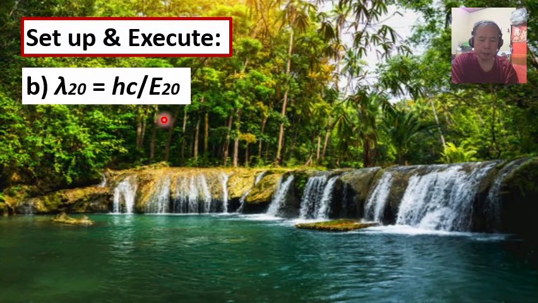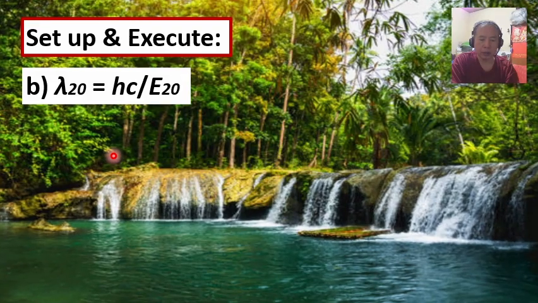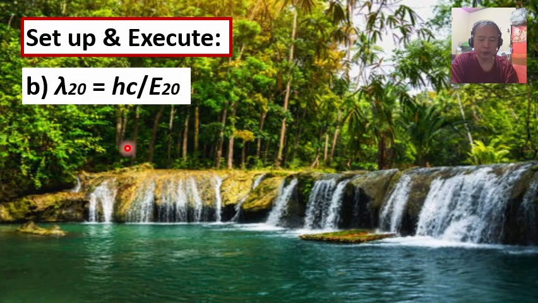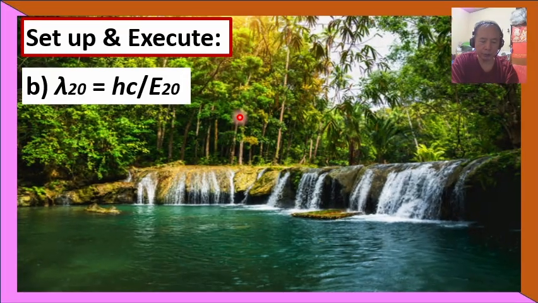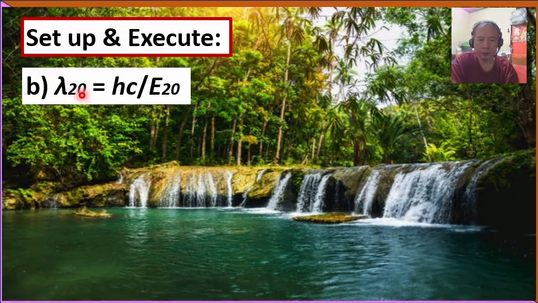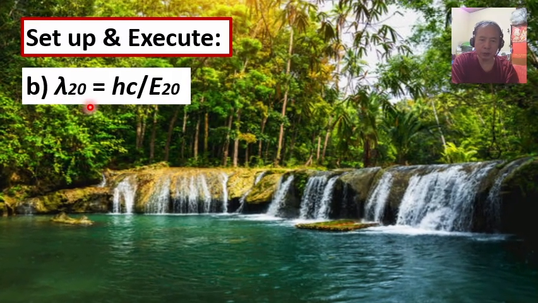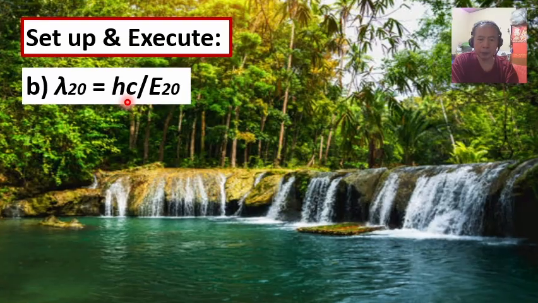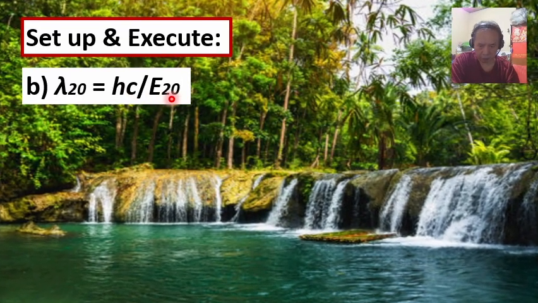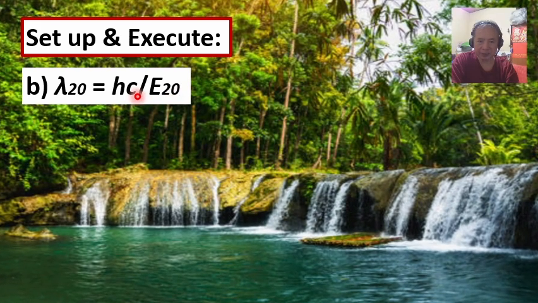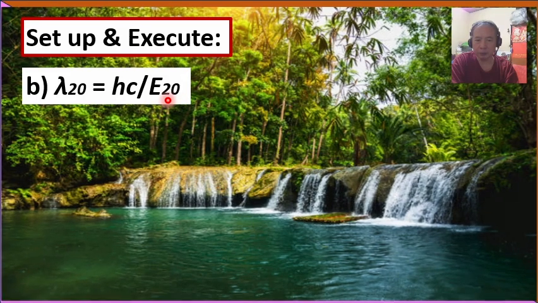Finally, in part B, we find the wavelength lambda sub 20, which corresponds to the photon energy E sub 20. So this wavelength lambda sub 20 is also equal to the product of Planck's constant h and the speed of light c divided by the corresponding photon energy E sub 20.